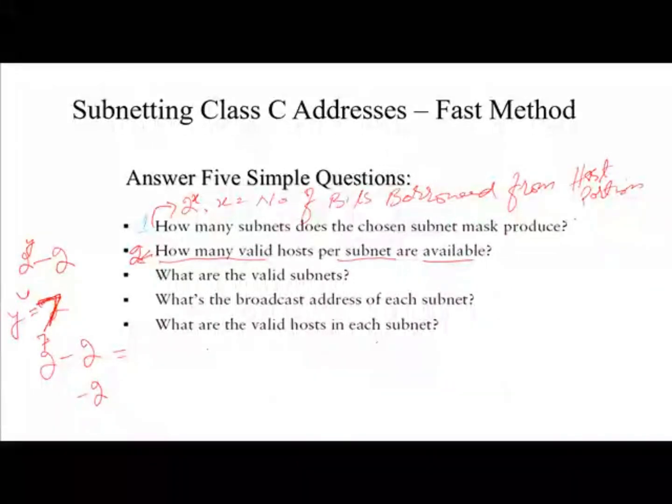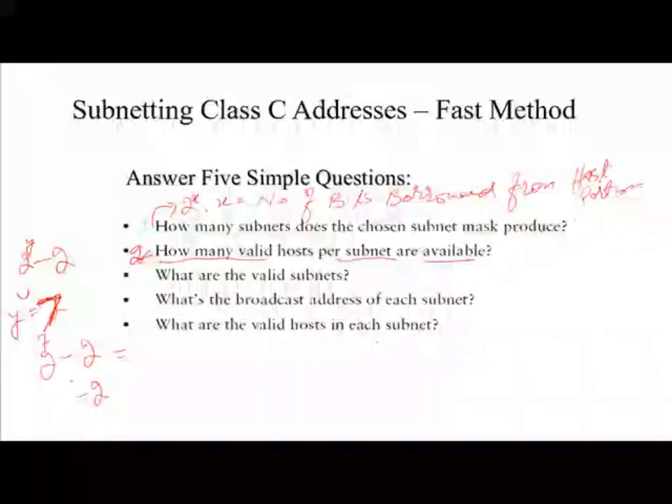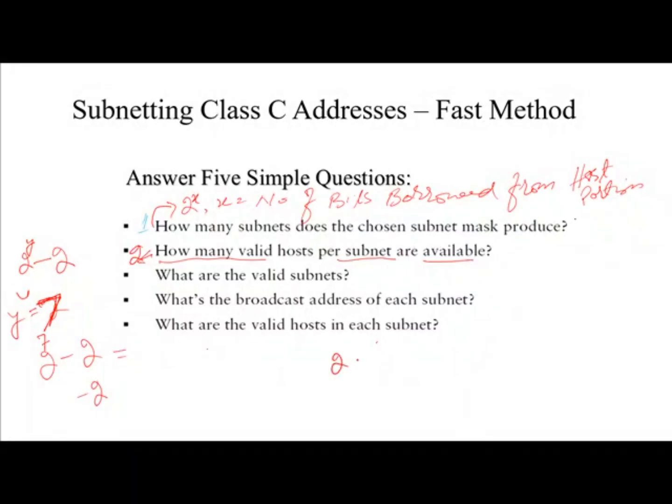So 2 power 7, what will be the result? No, 2 power 7, not 2. It means 2 multiplied by 2, 7 times. 2 multiplied by 2 multiplied by 2 multiplied by 2 multiplied by 2 multiplied by 2 multiplied by 2. 1, 2, 3, 4, 5, 6, 7.